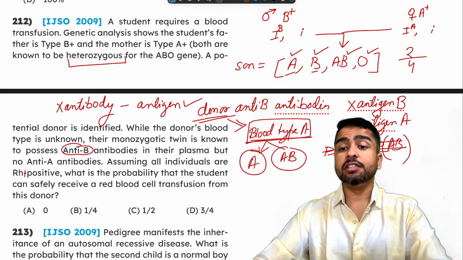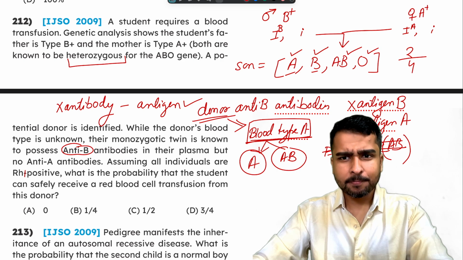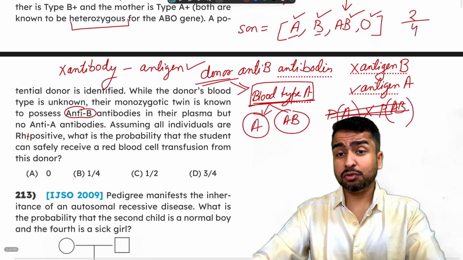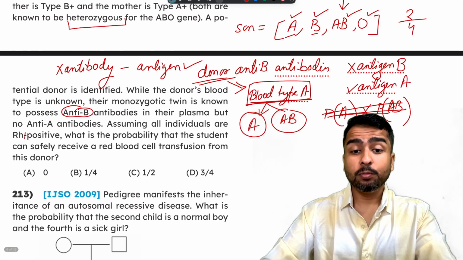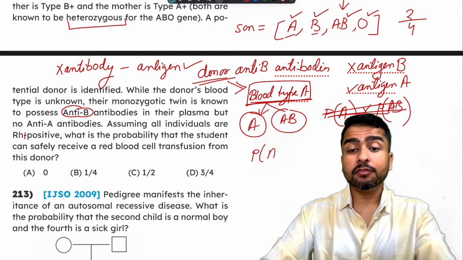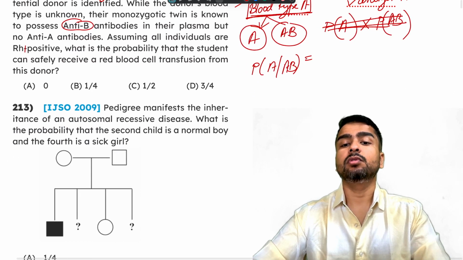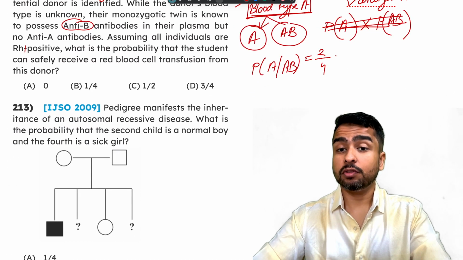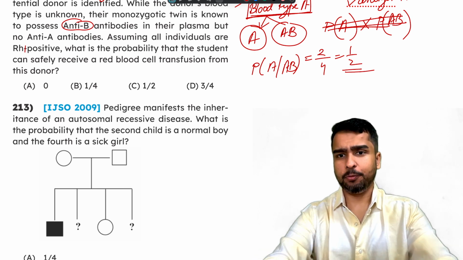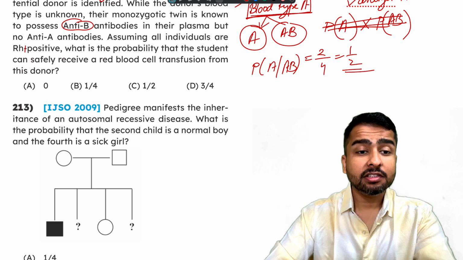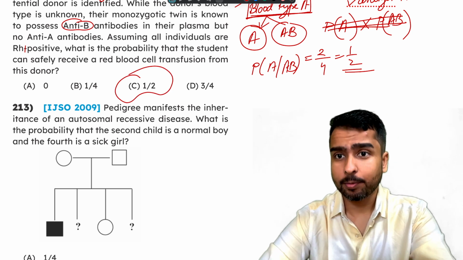Here we'll do simple maths: favorable is 2, total is 4. So the probability of A or AB is favorable over total, 2 by 4, which is 1 by 2. Simple as that. So the answer would be 1 by 2.